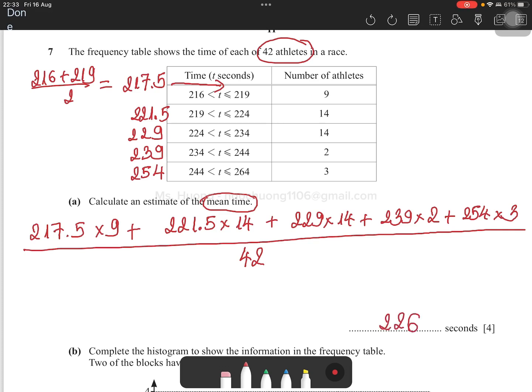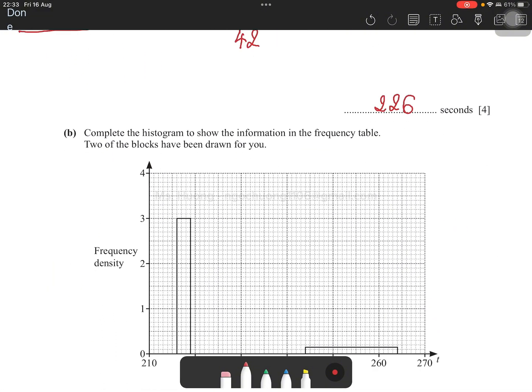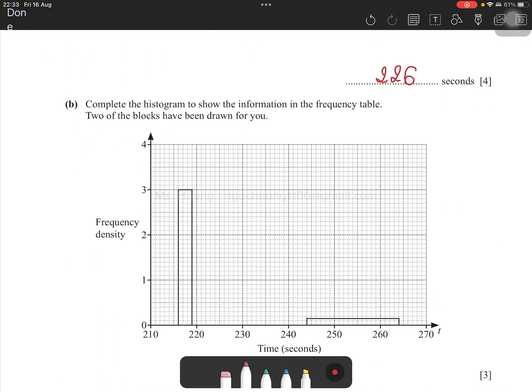B. Complete the histogram to show the information in the frequency table. 2 of the blocks have been drawn for you. So let's find the frequency density. You know the formula of the frequency density is equal to frequency divided by class width.